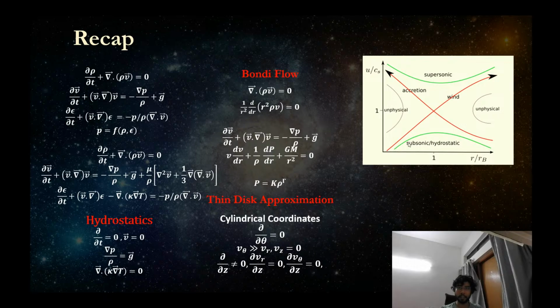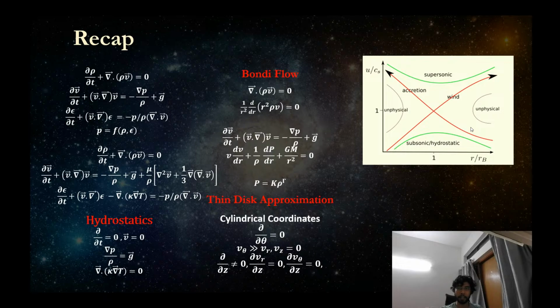For example, if you start with some velocity which is much less than the sonic speed, the velocity will increase as the matter falls towards the black hole. By solving this equation, we obtained a solution where there has to be a critical point where the velocity of the matter is equal to the sound speed.